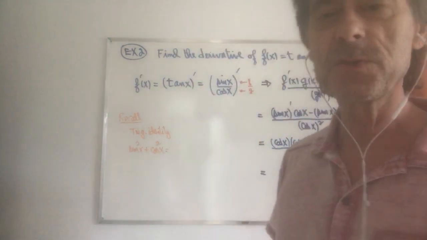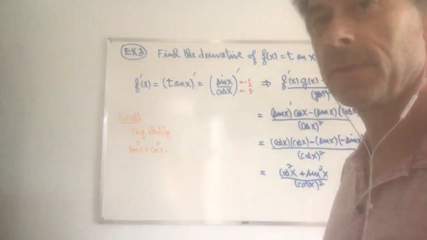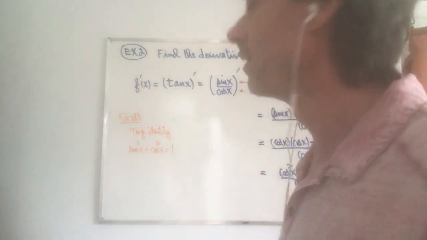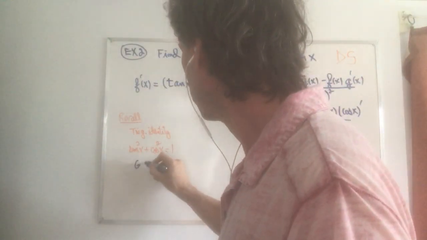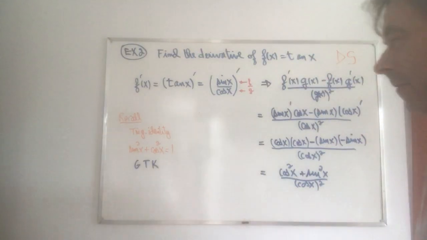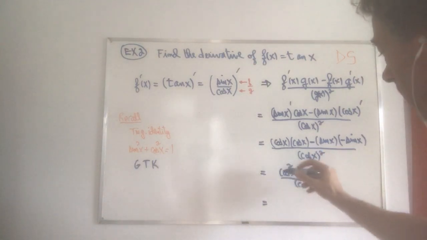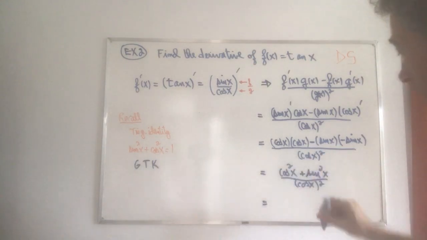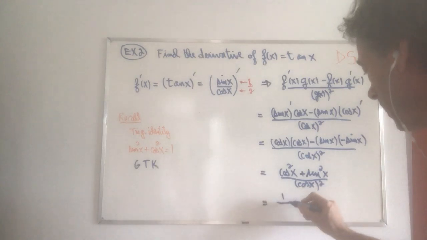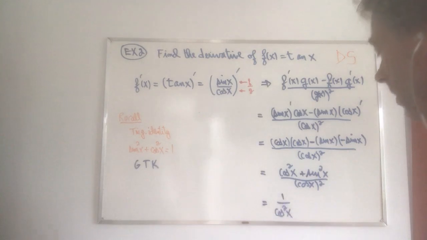Come on, you remember this. I know you do. What is sine squared plus cosine squared? 1? You're totally right. This is equal to 1. So, good to know. Sine squared plus cosine squared is equal to 1. So look, your entire numerator here is equal to 1. Cosine squared plus sine squared, this is 1 over cosine squared.